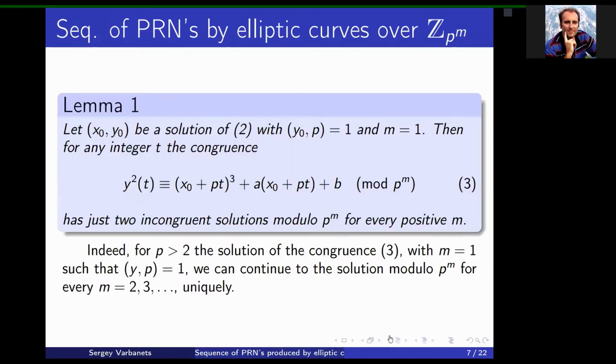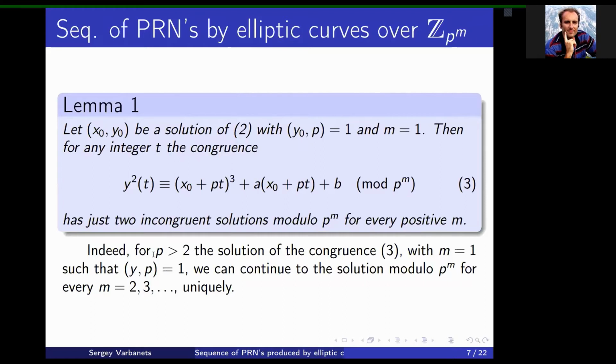We proved the following theorem to present the solutions of congruence 2. And we prove that the following congruence 3 has two incongruent solutions modulo p^m for every positive m.